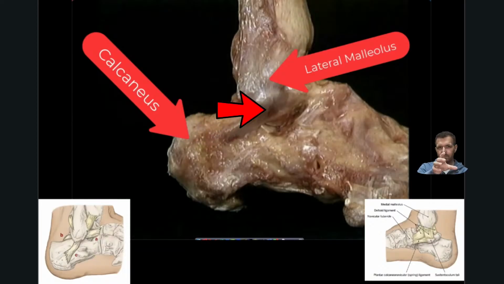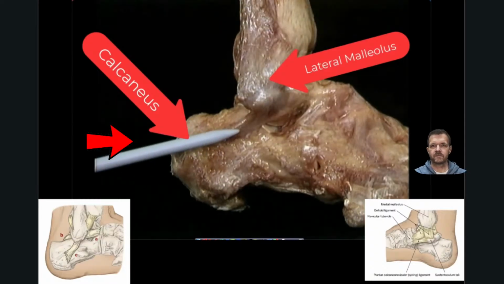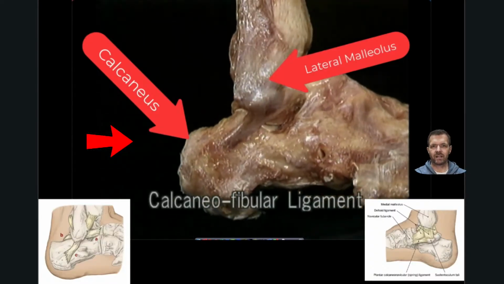It's running obliquely backwards to attach onto the calcaneus just there. So if this calcaneus goes into inversion, it will stress this ligament, because that's your heel bone just there. Just play this through. So there's your CFL.